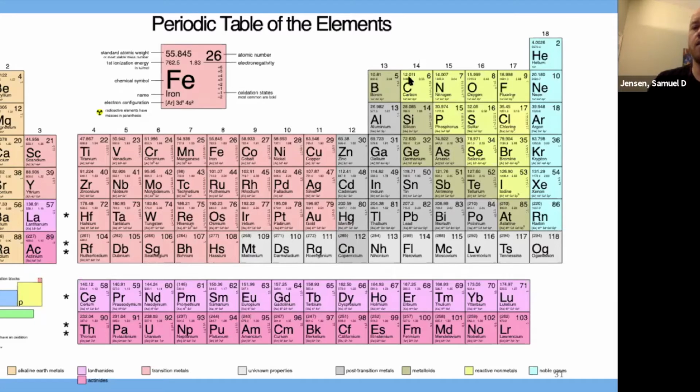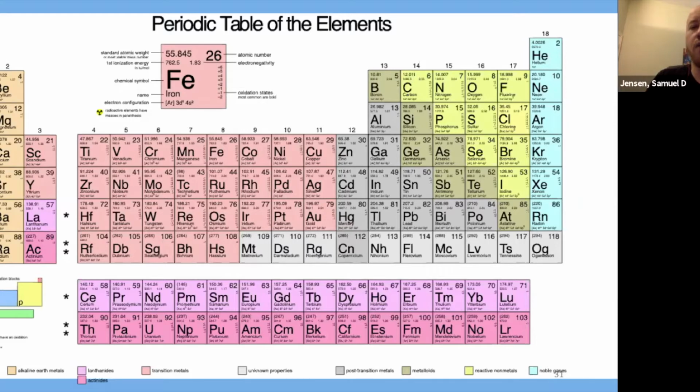And so this value indicates that if we had a mole, 6.02 times 10 to the 23rd atoms of carbon, it would weigh 12.01 grams.